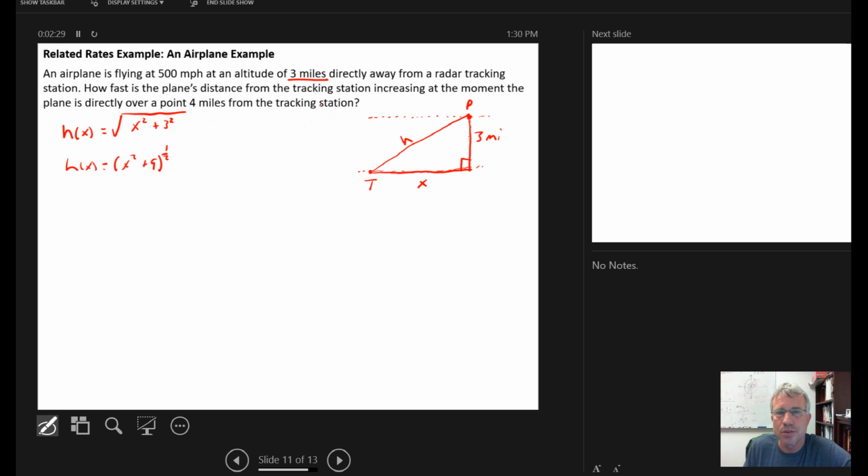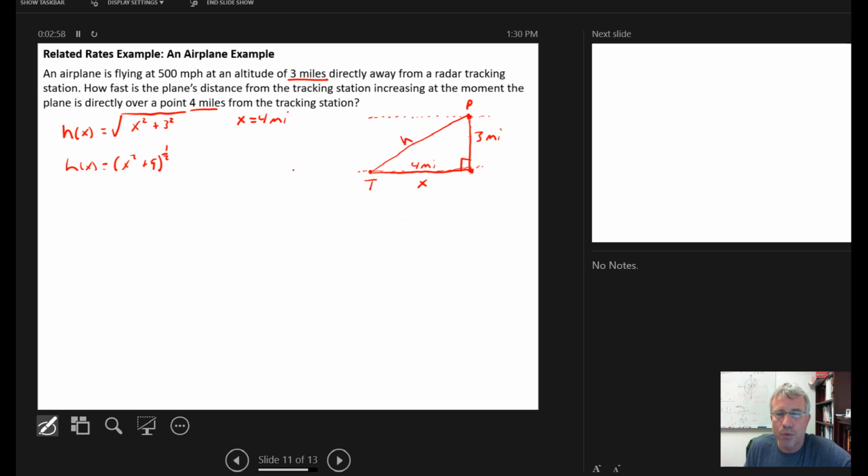And then we're asked to find the rate of change at a specific point in time, the point in time when the plane is exactly 4 miles ground distance from the tracking station. So the plane is directly over a point that is 4 miles from the tracking station. So we're being asked to look at the point in time when the distance x is equal to 4 miles.